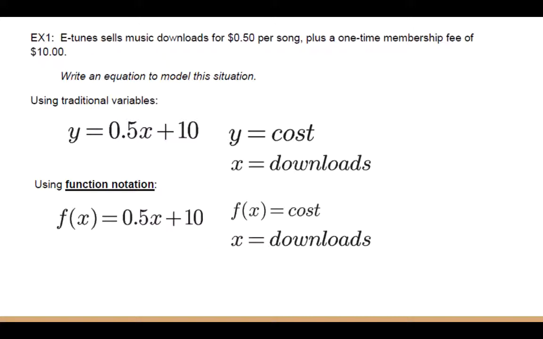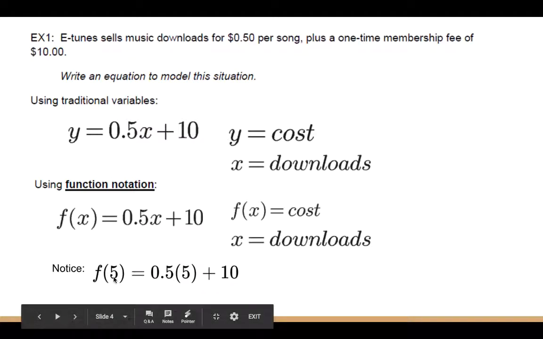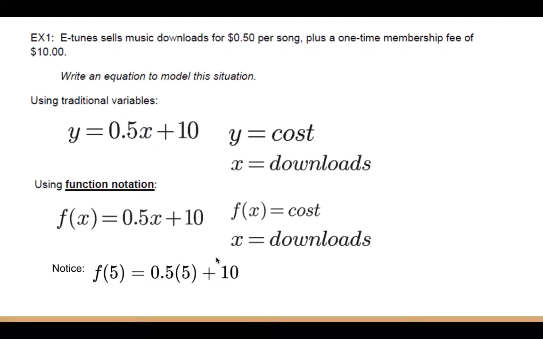What this highlights is that the cost is really based on the downloads. If you had very complicated functions, you might have multiple inputs. But in functions in high school, we generally talk about one input giving one output. If you wanted f(5), you could do 0.5 times 5 plus 10.